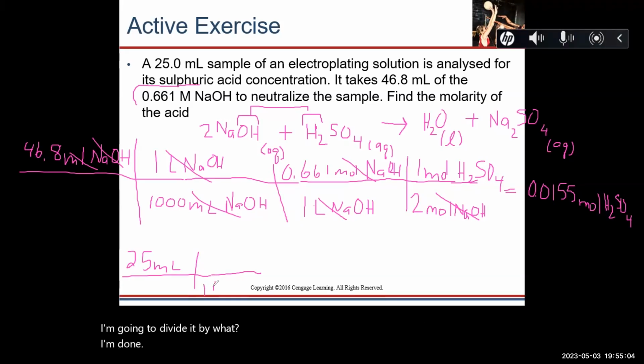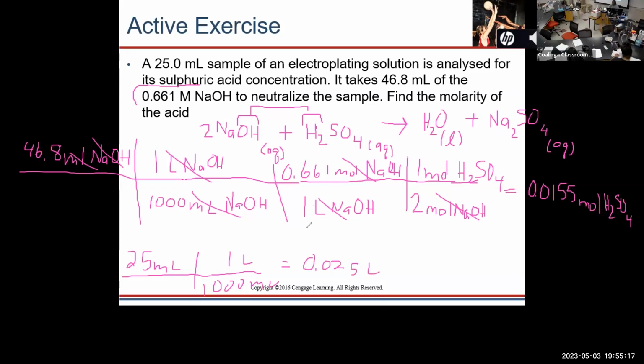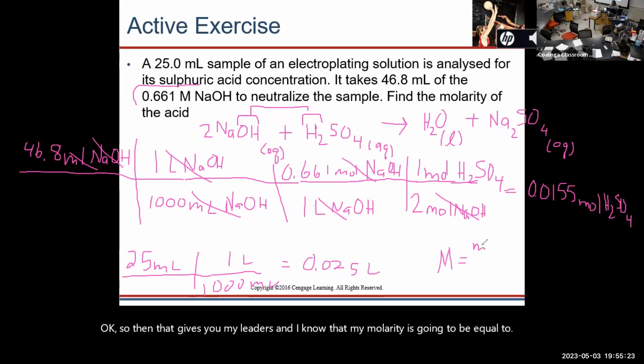Okay. So then that gives me my liters, and I know that my molarity is going to be equal to moles over liters.